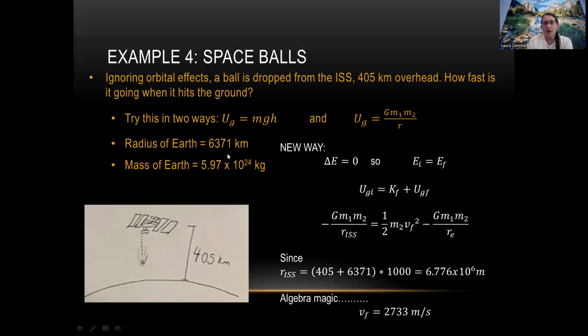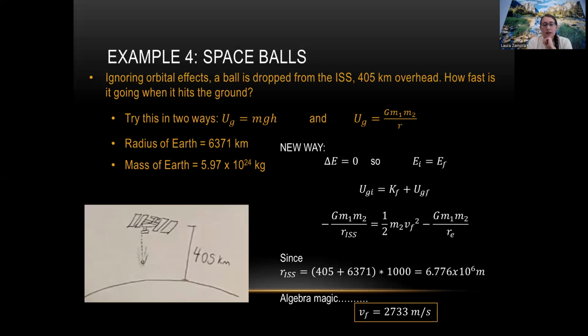The radius of the Earth, here, we put that in meters. Mass of the Earth would go in for M1. Mass of the ball is in each term, so you can cancel those out. And so once we go through our algebra magic, we get a final velocity of 2,733 meters per second.